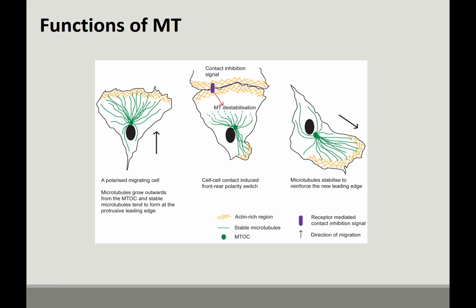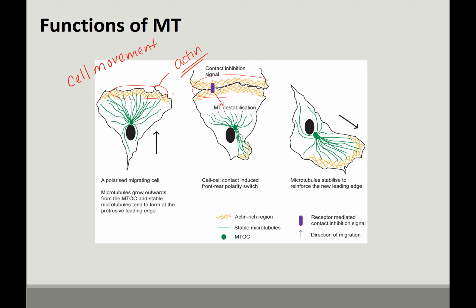All right, so the last couple of slides I want to talk about is just helping you understand some of the functions of microtubules. Again, we're going to talk about these more in the upcoming chapters, but microtubules are important for cell movement. And I want you to see on this cell, all this orange, yellow is actin.